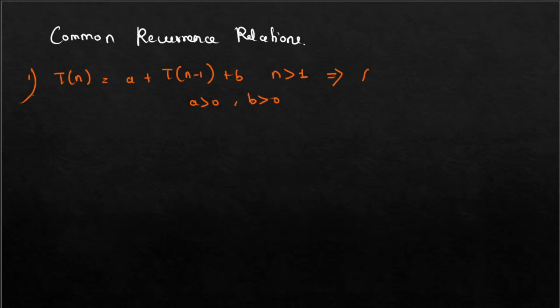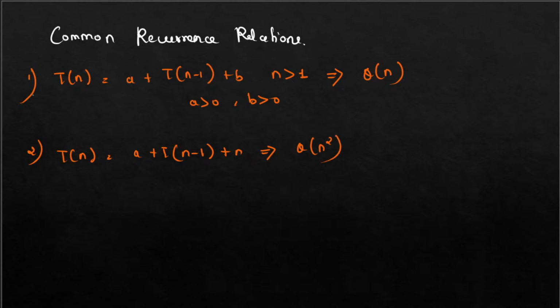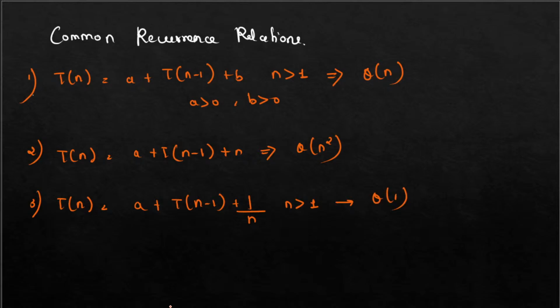So this will have theta of n. Second is T of n equals T of n minus 1 plus n, then this is theta of n square. After that, third is T of n equals T of n minus 1 plus 1 by n, where n is greater than 1. So this is theta of 1. So you can directly remember these properties.